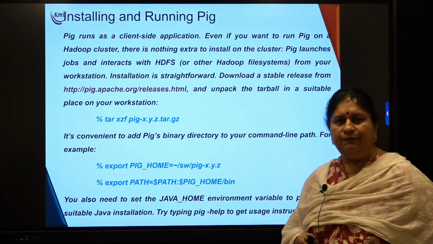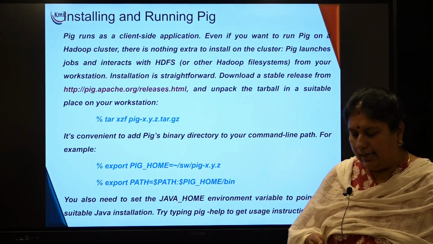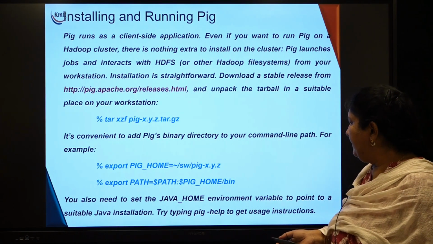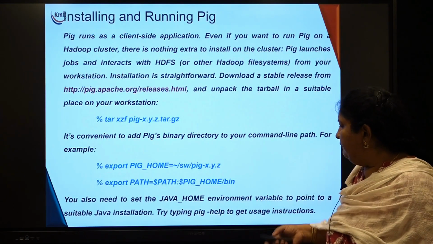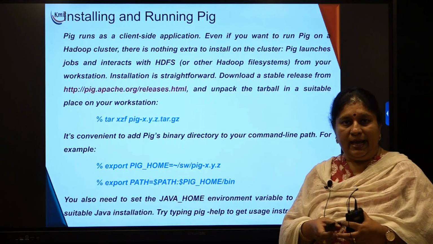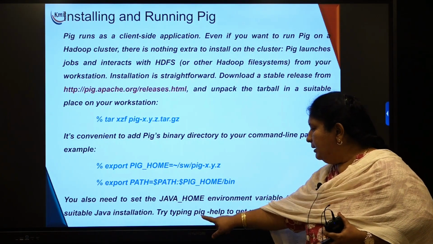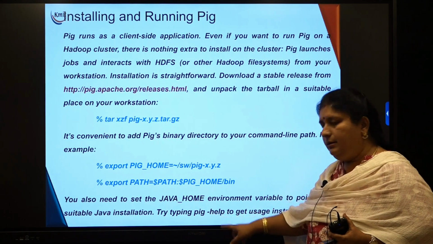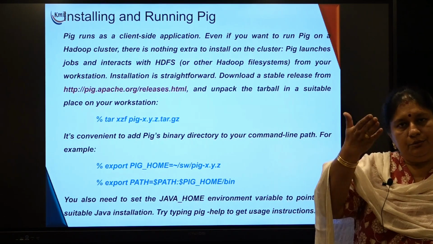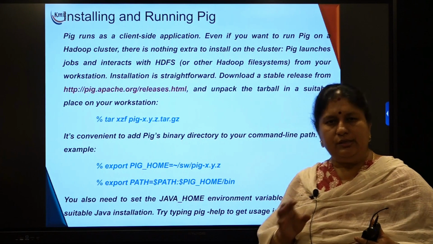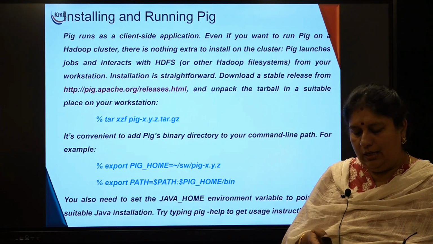Similarly, we need to set where exactly the Java home is. Now, whenever you do not know the syntax of any command, you can try typing pig -help, which will tell you how you need to give the various instructions. It will show the sample syntax of the instructions.